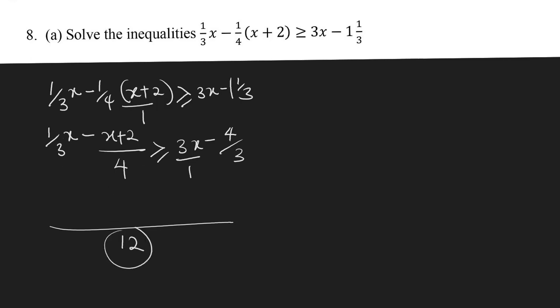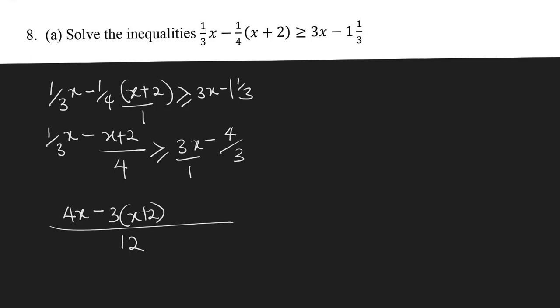So 12 divided by 3 is 4, then 4 times x gives 4x. Then minus: 12 divided by 4 is 3, and 3 times x plus 2, so we have 3 into x plus 2.